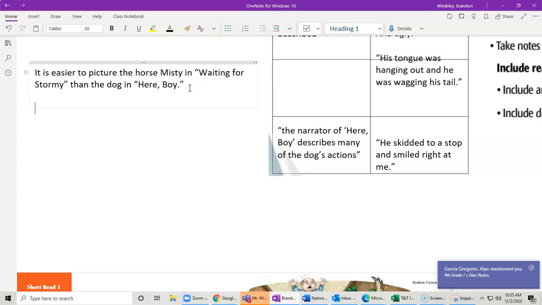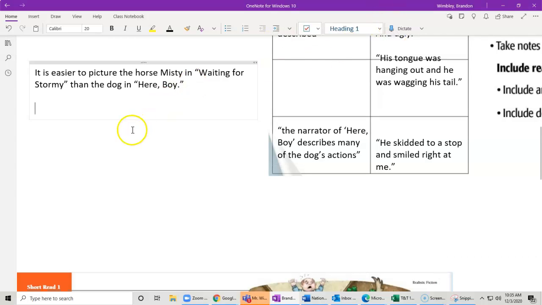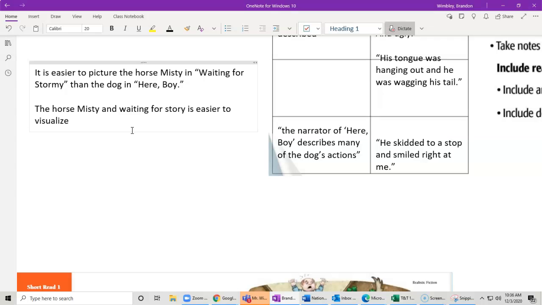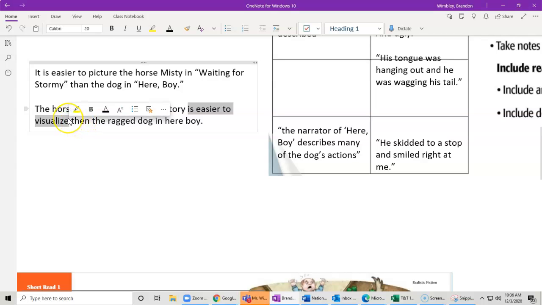Well, one way I could do it could be this. The horse Misty in Waiting for Stormy is easier to visualize than the ragged dog in Here Boy, period. And so you'll notice instead of saying it's easier to picture, I use that phrase, it's easier to visualize.